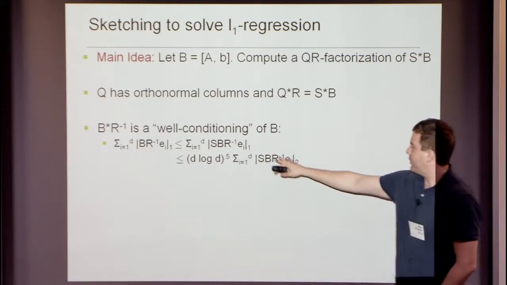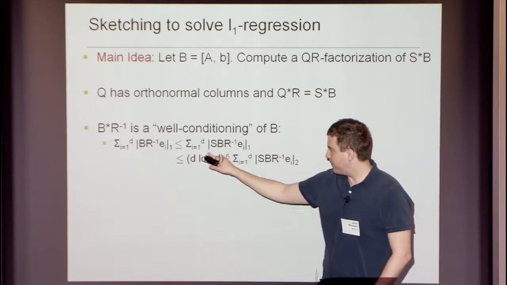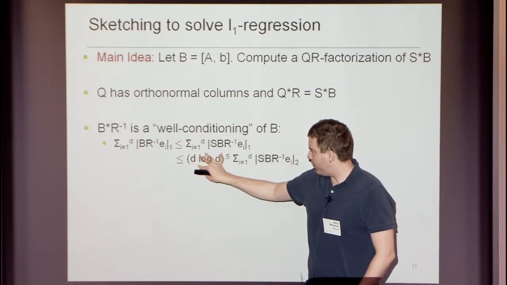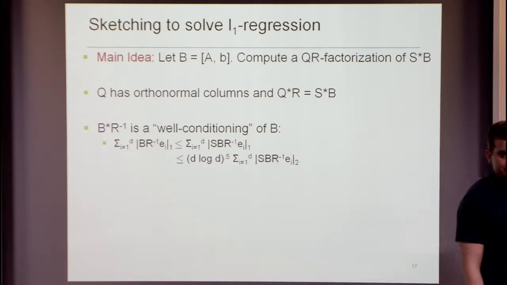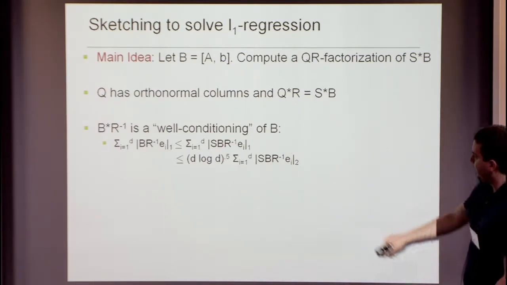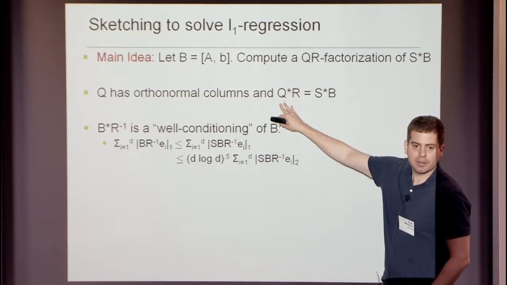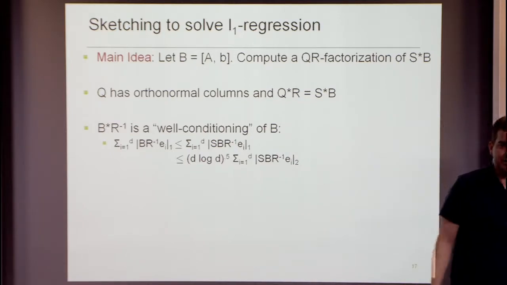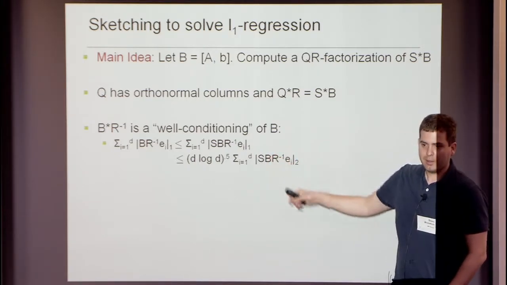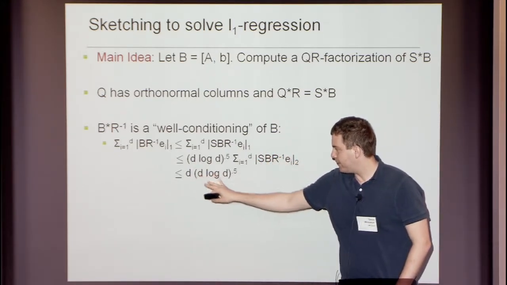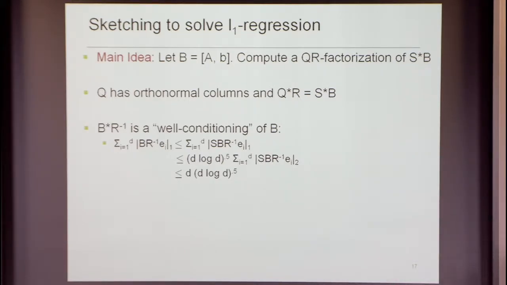So I can relate the one norm to the two norm. And so this is at most the number of rows of S, d log d to the 0.5, times the sum of the two norms of the columns. But S B R inverse is just Q. This has orthonormal columns. So this is just equal to 1. So when I sum over d terms, I get roughly d times root d. So I get a poly d bound on the entry-wise L1 norm of this matrix.